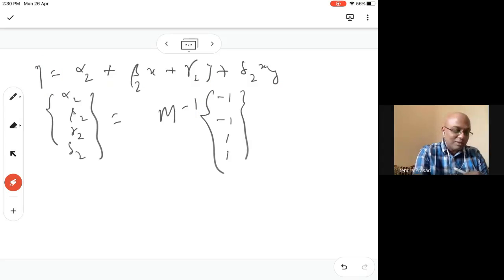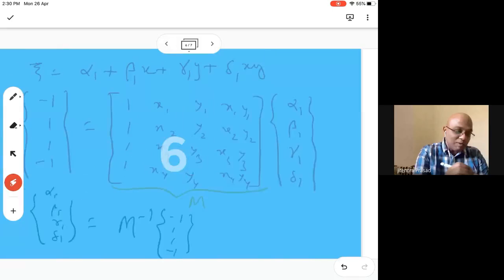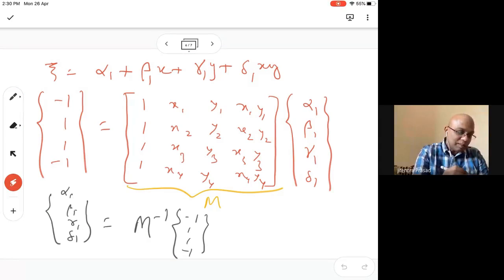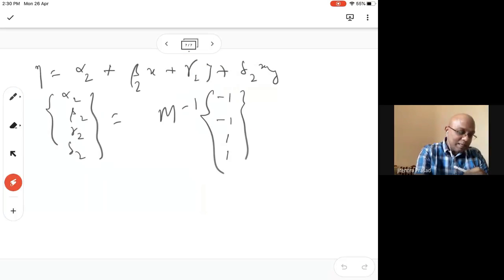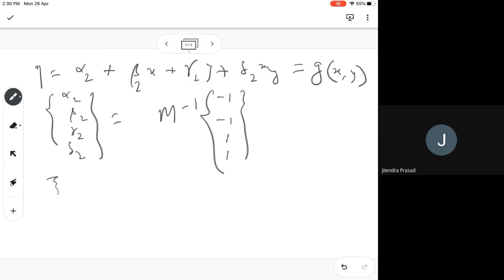So basically what we found out is, let's call this xi as a function of xy, f of xy, and this g of xy. Hence alpha, beta, gamma, delta we got already, and hence we know that xi is a function of xy, and eta is equal to another function g of xy.